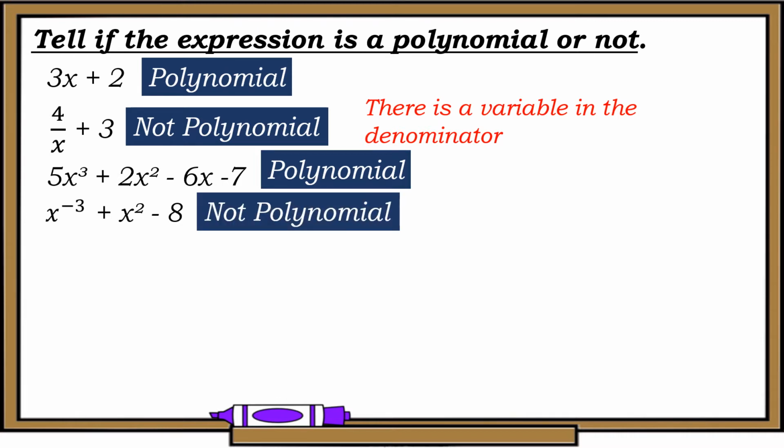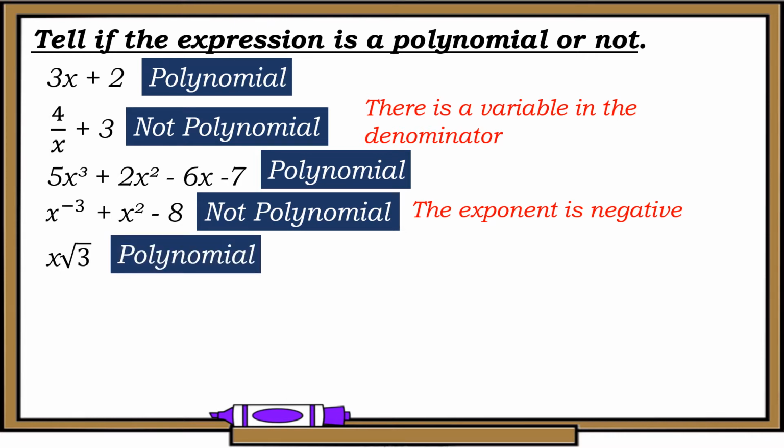This is not a polynomial because the exponent is negative. X times the square root of 3. This is a polynomial. Kasi ang nasa loob naman ng radical sign ay real number. Hindi naman variable ang nasa loob ng radical sign.